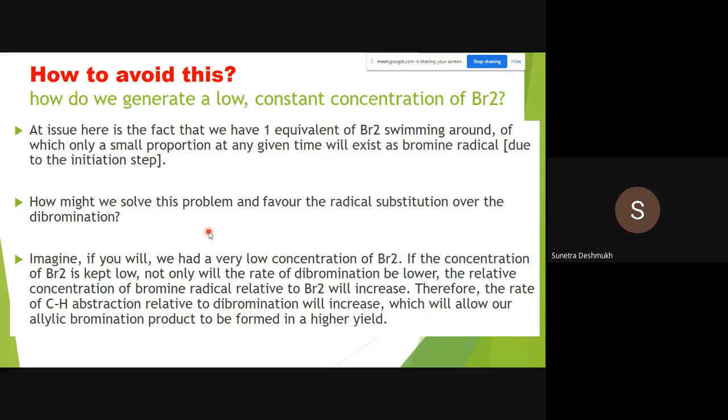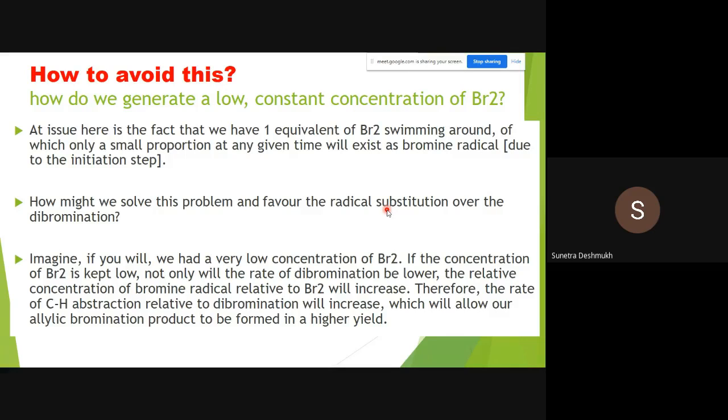We have to think about radical substitution over dibromination. Normally Br2 adds to the olefin, it's an addition reaction, but we have to do substitution. That means we want to abstract the C-H bond, cleave it homolytically, and substitute that hydrogen with Br, only 1 bromine atom.